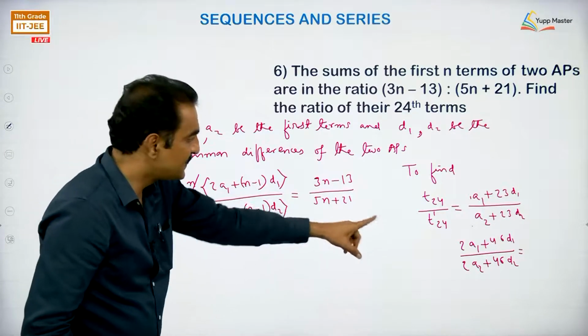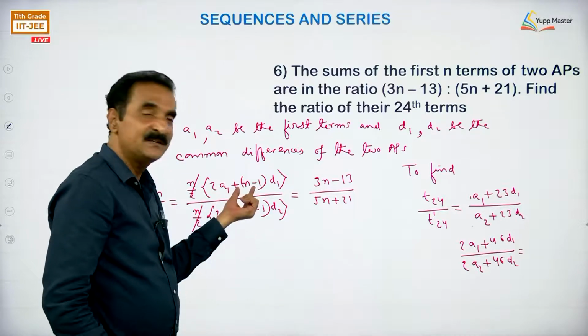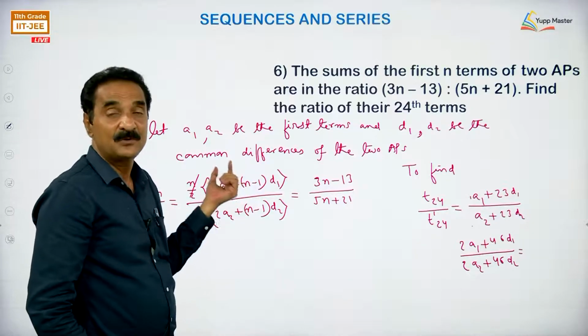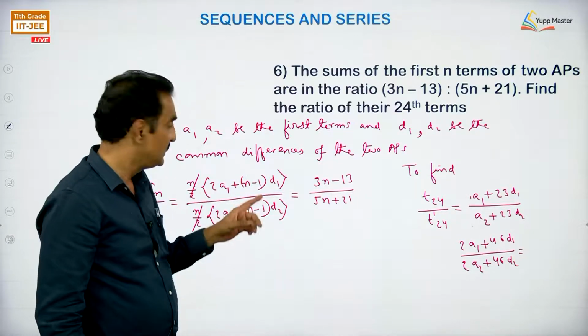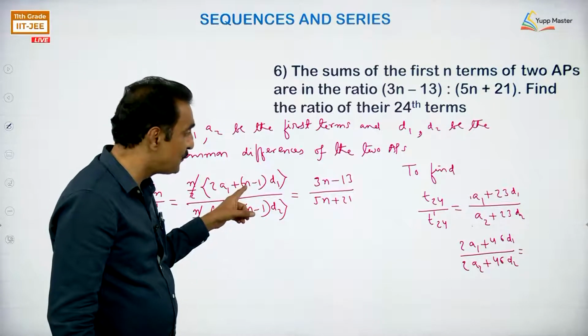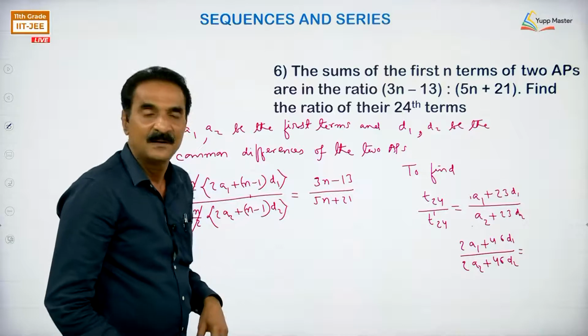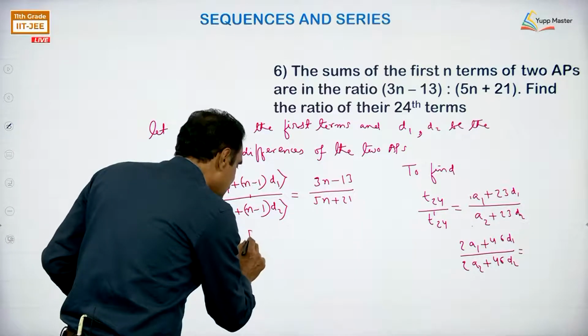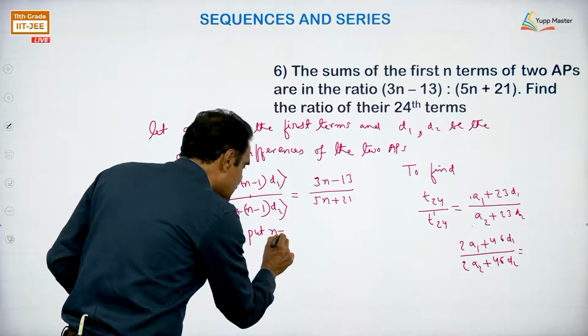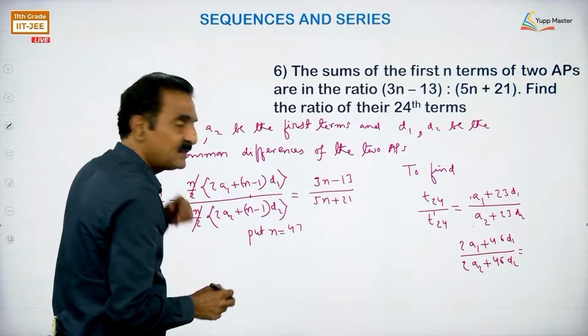Now if you observe that and this, you can easily get the idea what to substitute in place of n. If you substitute n is equal to 47, this becomes exactly that.